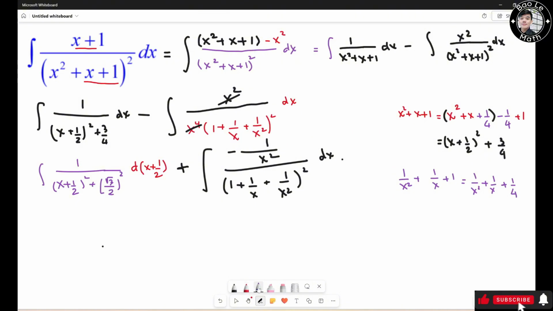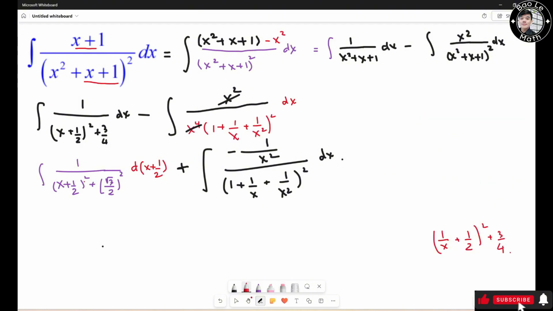So I just add and subtract 1/4. The first three terms become a complete square, (1/s + 1/2) all squared, and the rest turns out to be 3/4.